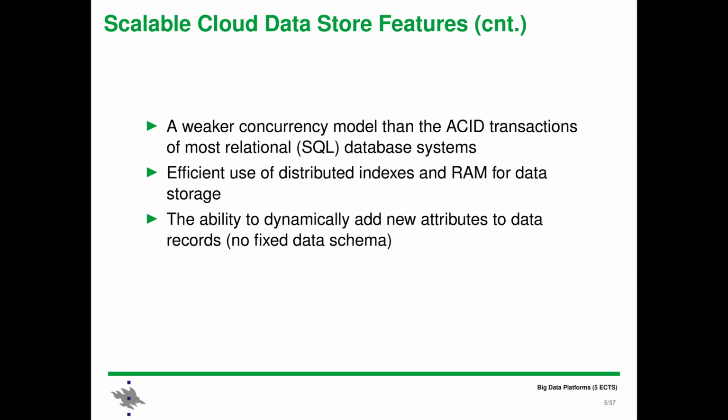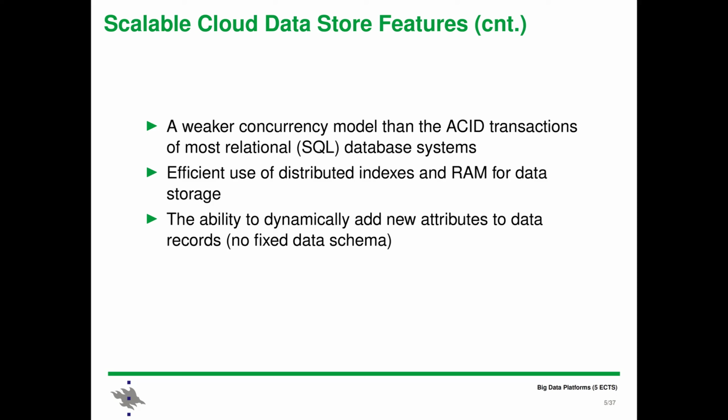One of the interesting features many systems have is that they use the main memory, so RAM, of the servers more efficiently than traditional relational databases. And quite often they also have features like distributed indexes in them.